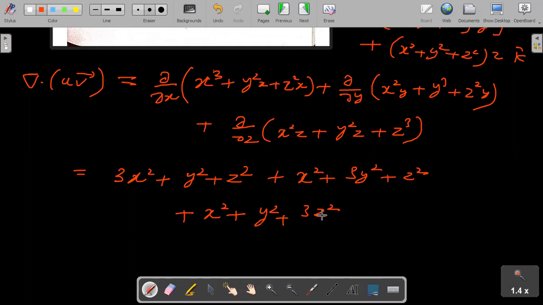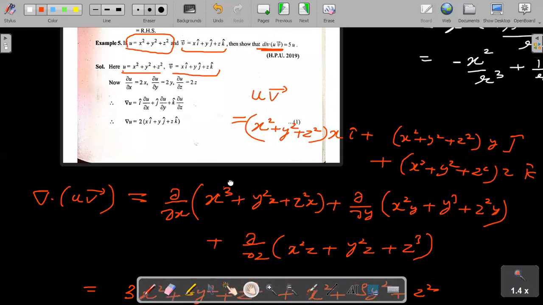Is it fine? Yes, ma'am. So 3x² plus x² is 4x², 3y² plus y² is 4y². So 4x²y²z² is common, so that is nothing but u. So answer will be 4u.